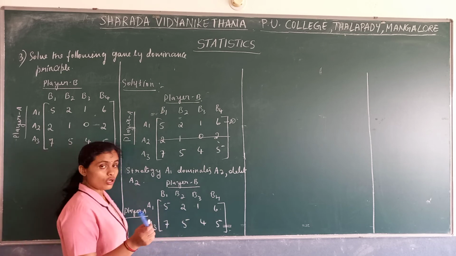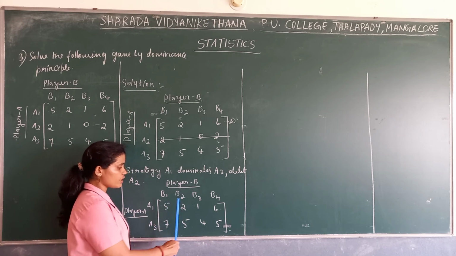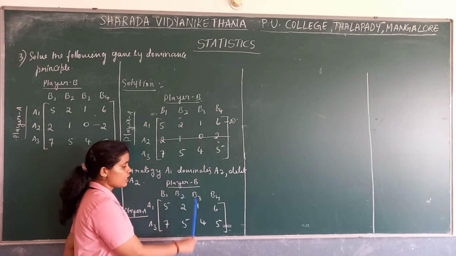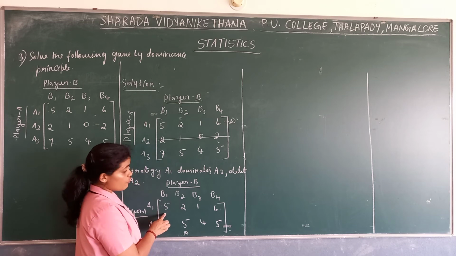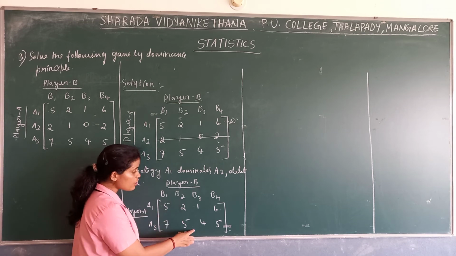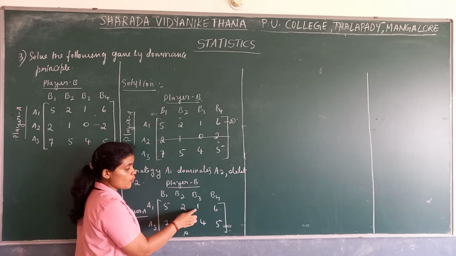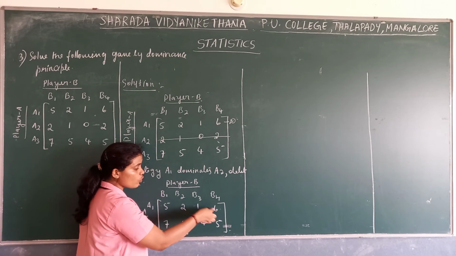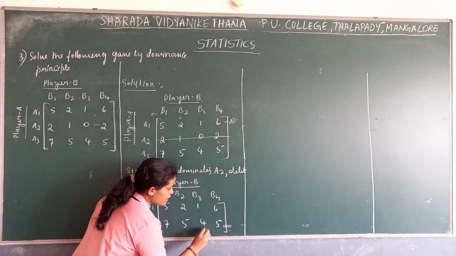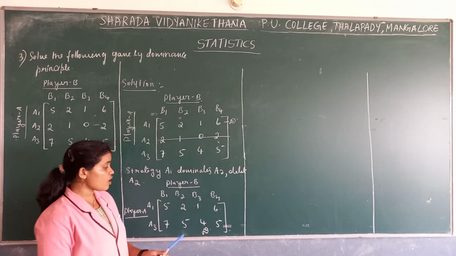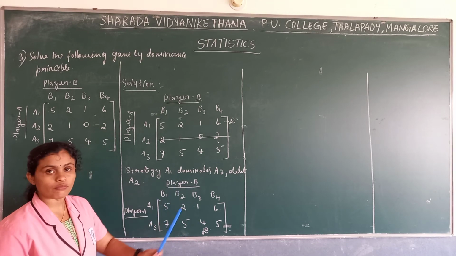Now see, if you go, the comparison means 5 and 2, this is small, 7 and 5, this you will get as dominating initially when you compare the first and second. But further, if you compare here, this is smaller than this. This is smaller than this. Then once again, this is smaller than this also. So easily we can get that this column is the dominating one when compared with B1, B2 and B4.